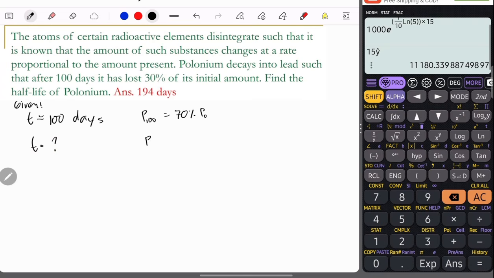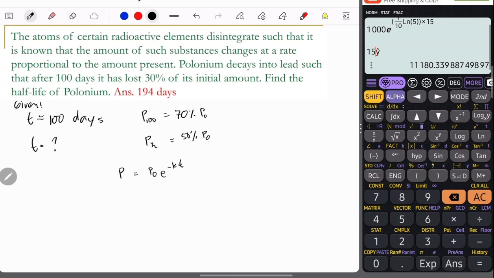So when we see half-life, that is half of the original amount. So 50% of the original amount. So what formula are we going to use? We will use P equals P sub O e to the negative kt, since the population or amount is decreasing.